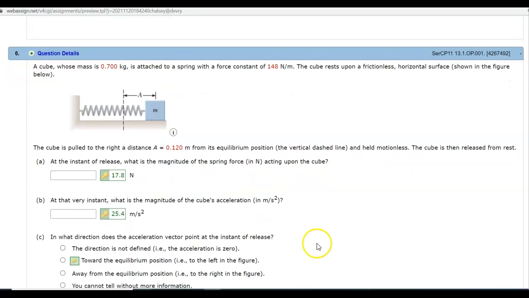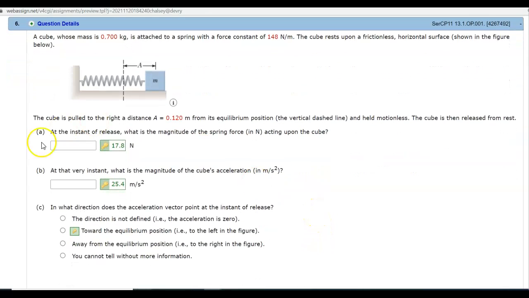Okay, here we're looking at a spring. It has a mass of 0.7 kilograms. It's attached to a spring with a force constant of 148 newtons per meter. The cube rests upon a frictionless horizontal surface.